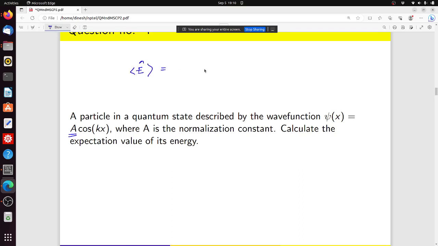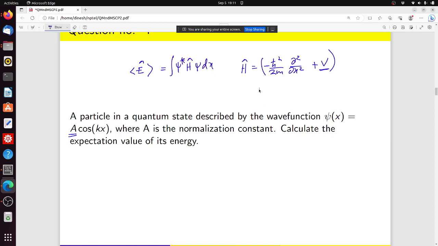The corresponding operator is minus h square over 2m del square over del x square plus b. Let's say b is a constant. You operate this Hamiltonian and do this integration, psi star H cap psi dx.